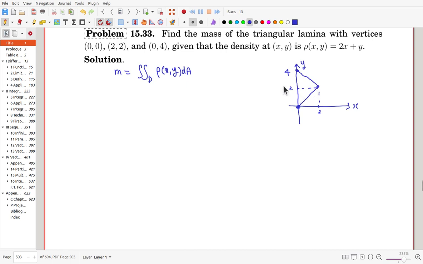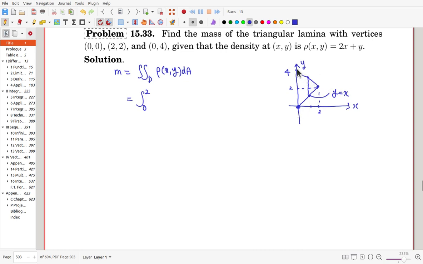Okay. So we have to access this domain systematically. Now, the outer integral can be in the x direction, so x is moving from 0 to 2. Now, for each x, there is a bottom y and a top y, right? So y is moving from here to there. The bottom is y equals x, that's a 45-degree angle.